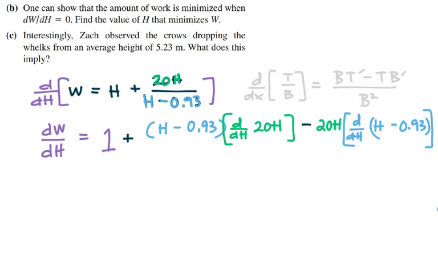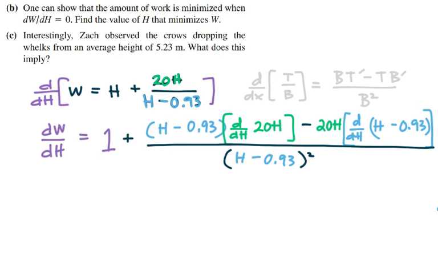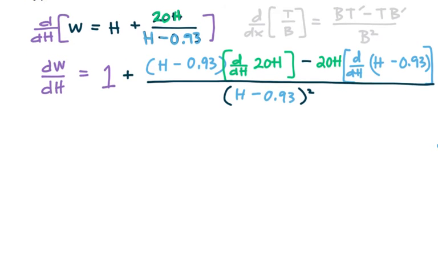And of course, that is all going to be over that denominator, h minus 0.93 quantity squared. So I've just applied my quotient rule. Now I have 1 plus h minus 0.93, that's not going to change.